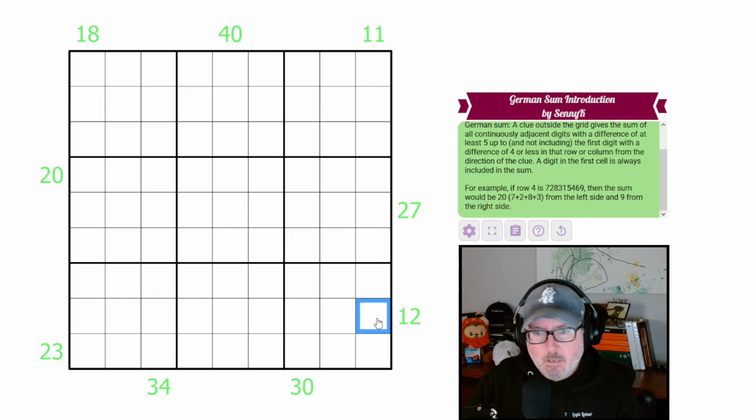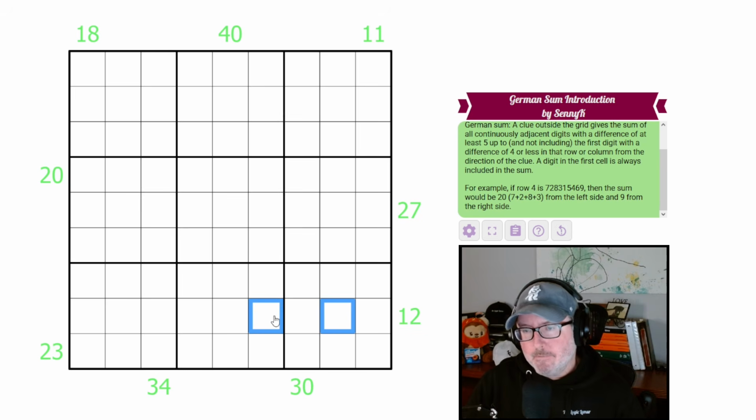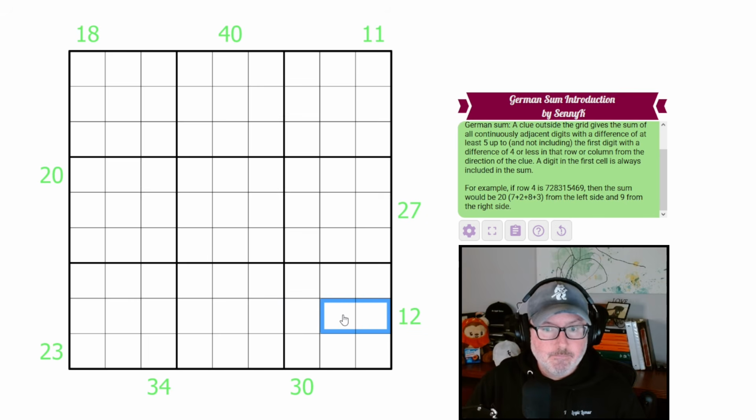Well, you could put a low digit, a high digit, and then another low digit. But then you wouldn't be able to go up to another high digit, because then we'd be at minimum a 6, 7 for 2 highs. Or we could just start on a high digit and then go down to a low digit. So it's either 2 cells or 3 cells long, is what we're being told, essentially.